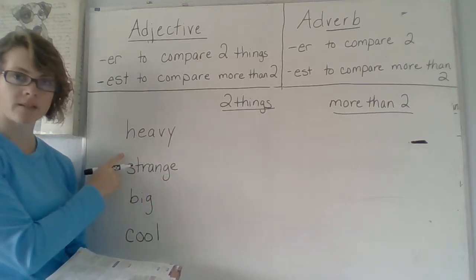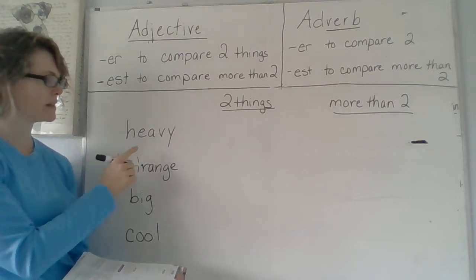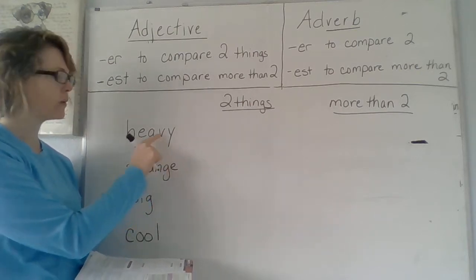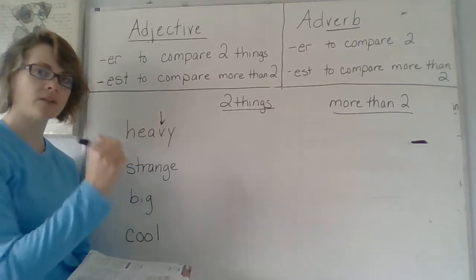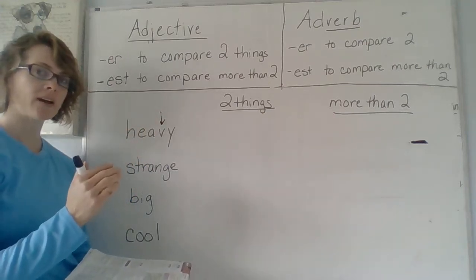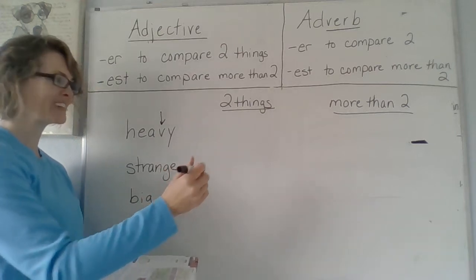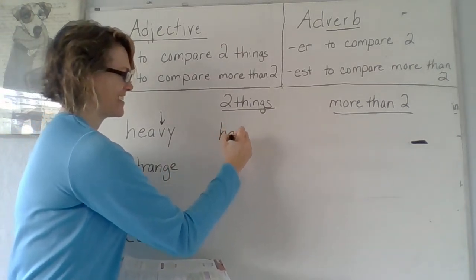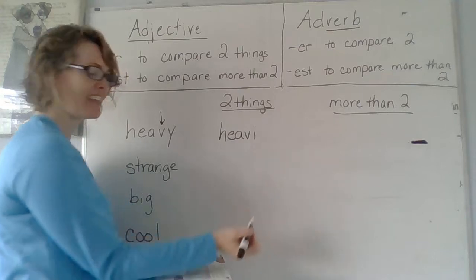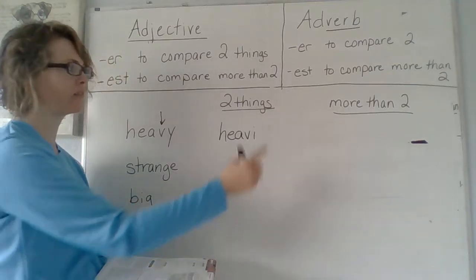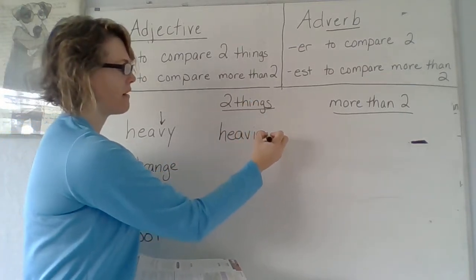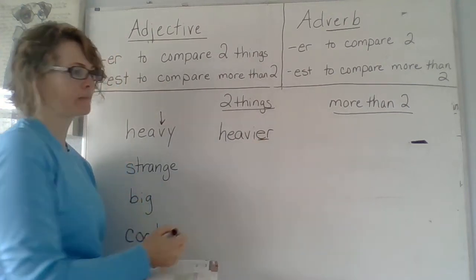But when we change it, sometimes the spelling changes because this ends in a Y with a consonant before it. And you guys learned the rule that to change that, we have to change the Y to an I, and then add our comparative for two things, which is er, heavier.